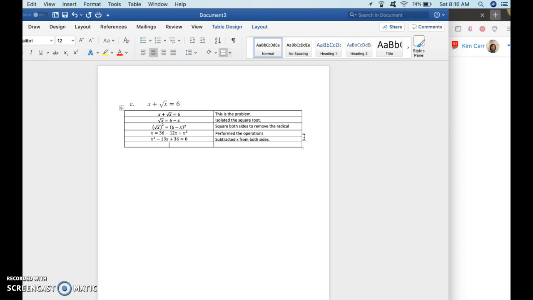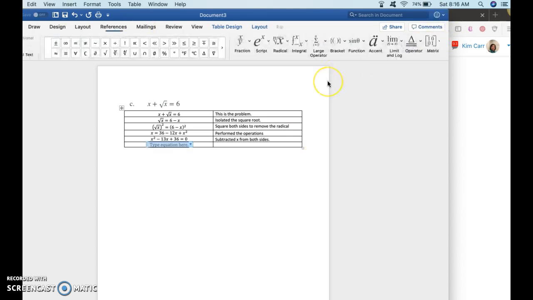Okay, now we're ready to factor. So it would be an x. What you're asking are, what are the factors of 36 that add up to negative 13? So they would be 9 and 4.